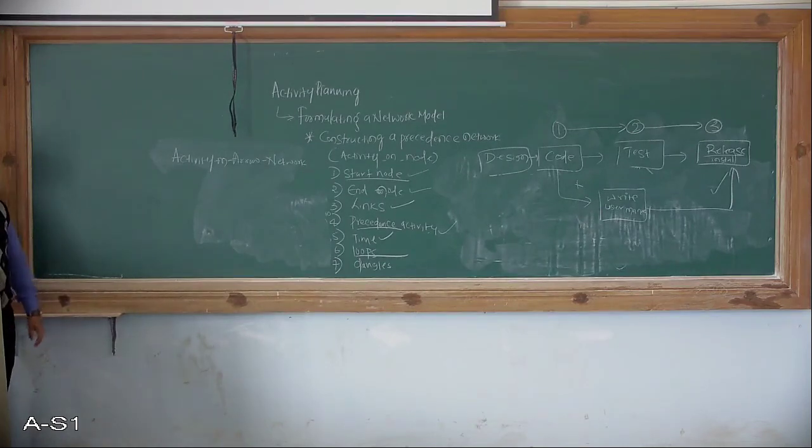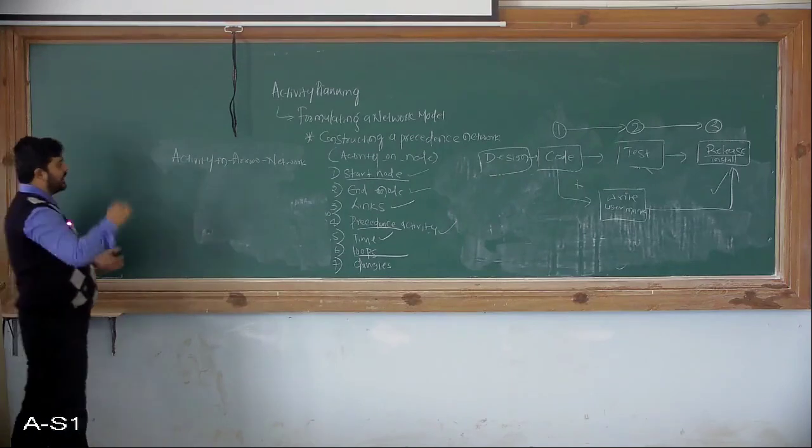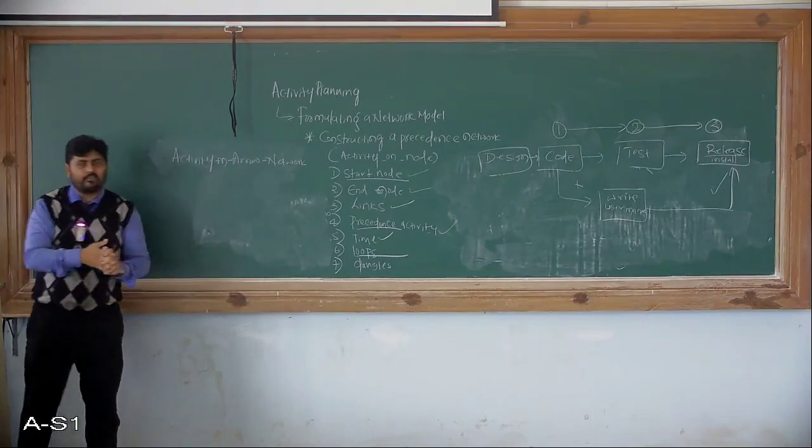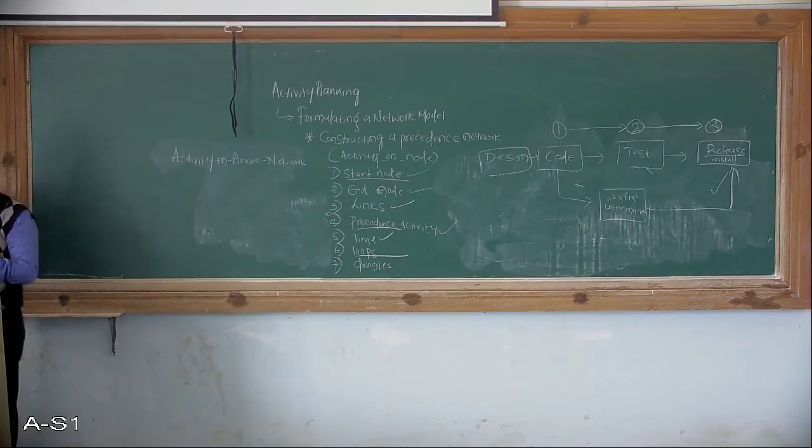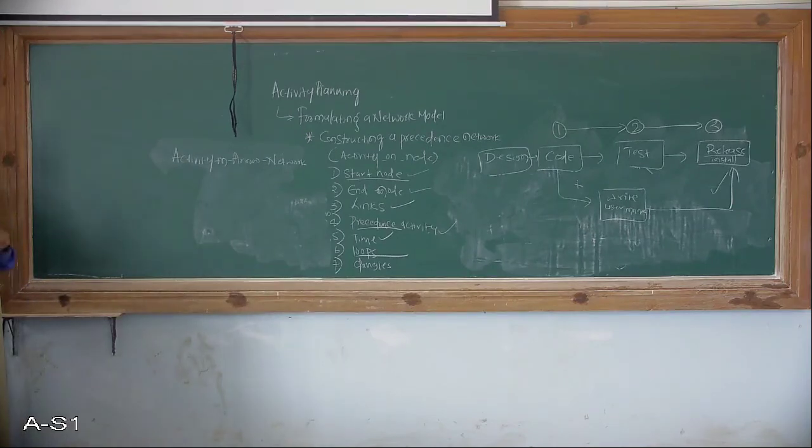Here also, based on how the activities are performed, the work is analyzed and the network is developed. The working procedure of the activities will be in a serial manner.